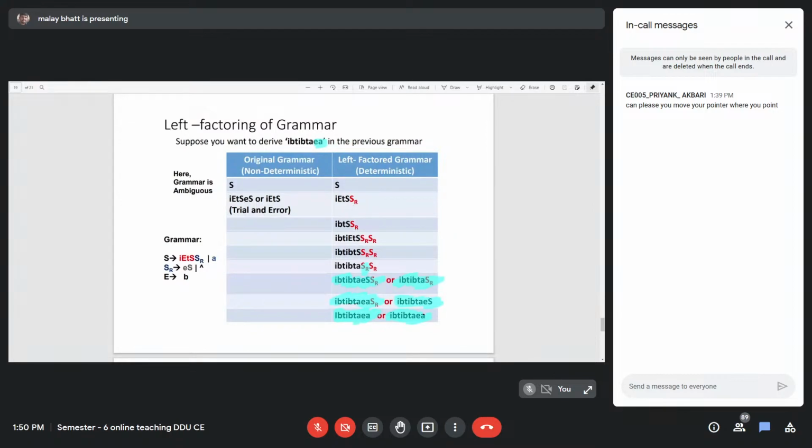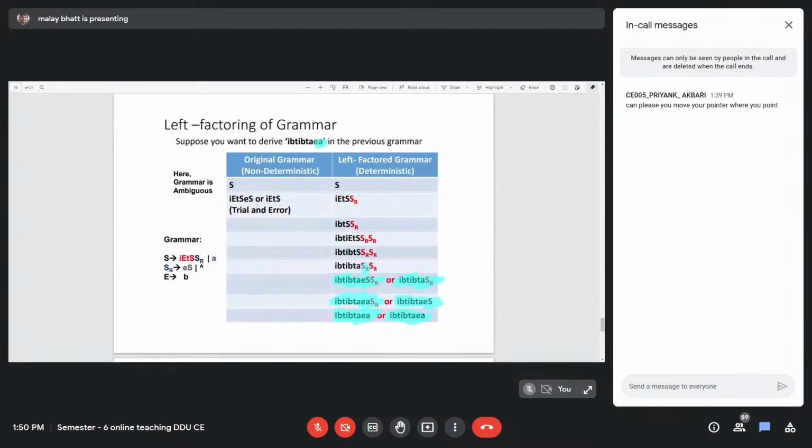For some grammars it will work, for other grammars it will not work. We have this very important observation here that for some ambiguous grammars, we can apply left factoring and get a completely deterministic path.